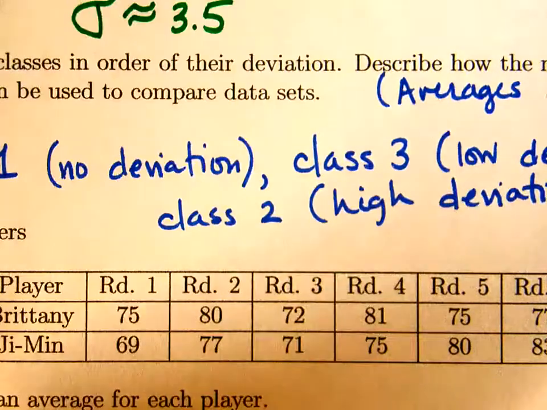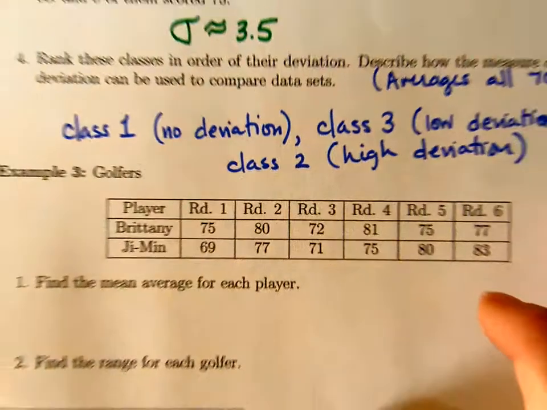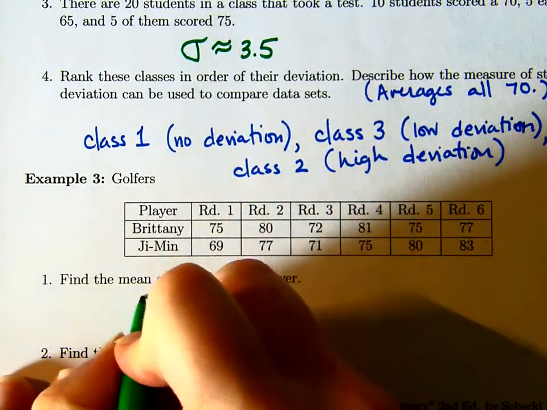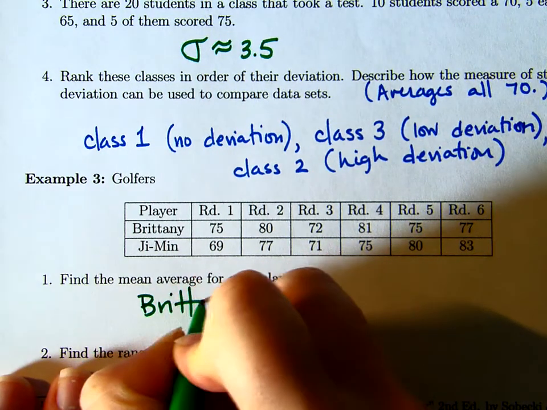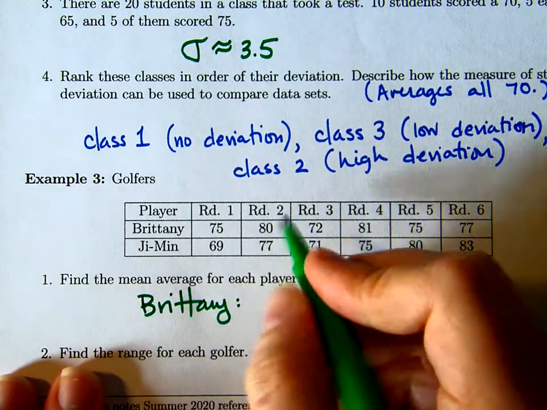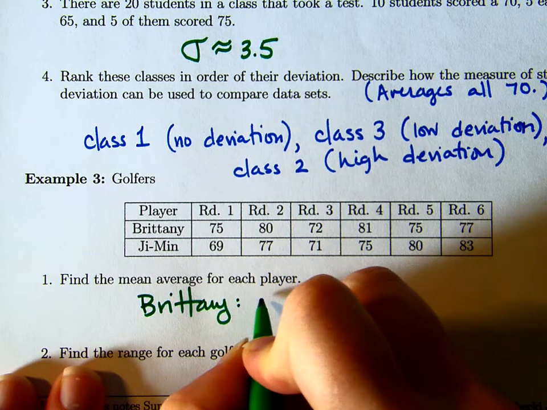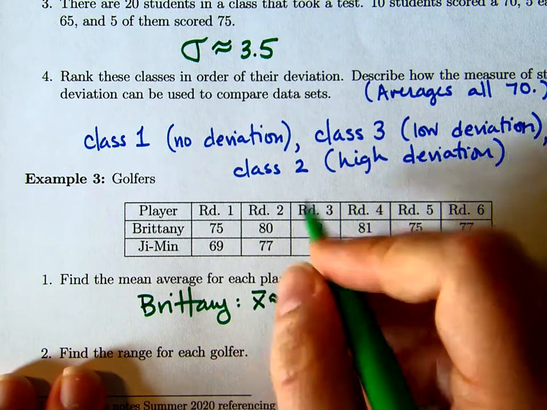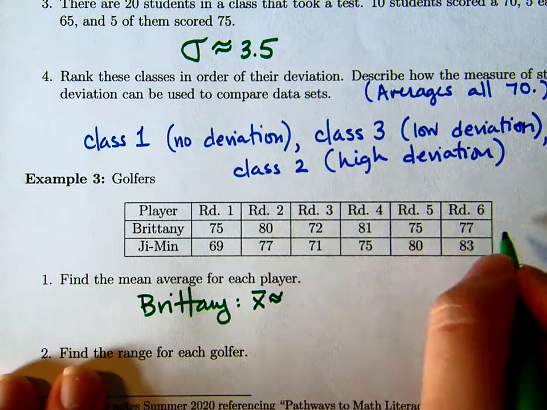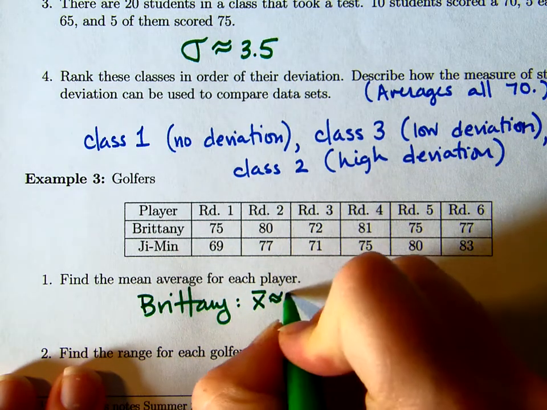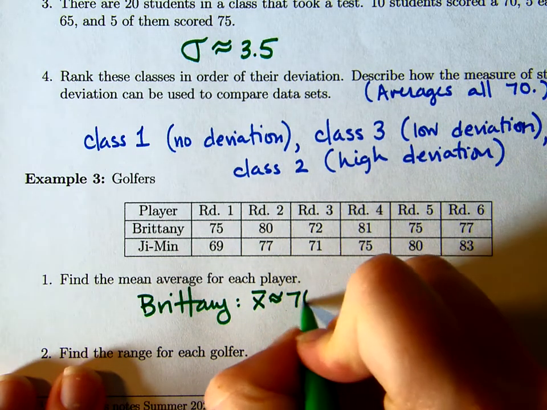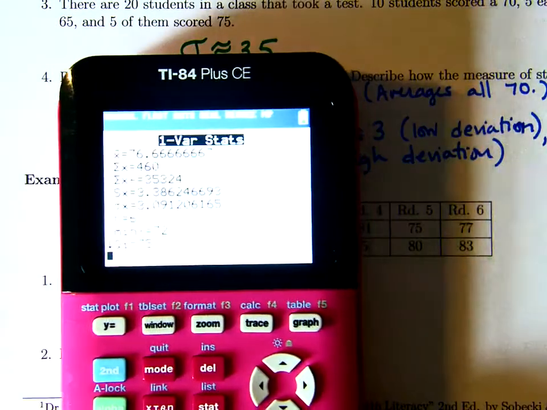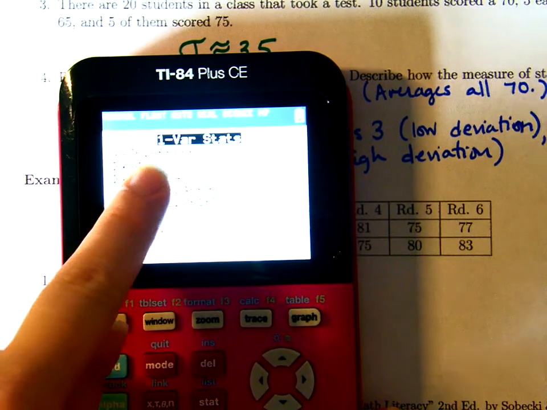All right, so it says mean average. Brittany's mean average for these 6 rounds of golf, about 76.7. I don't know if you can see that, but I just rounded it to 76.7.